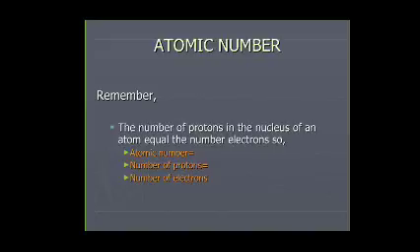So atomic number is equal to the number of protons or the number of electrons. Therefore, atomic number Z is equal to the number of protons, which is also equal to the number of electrons.